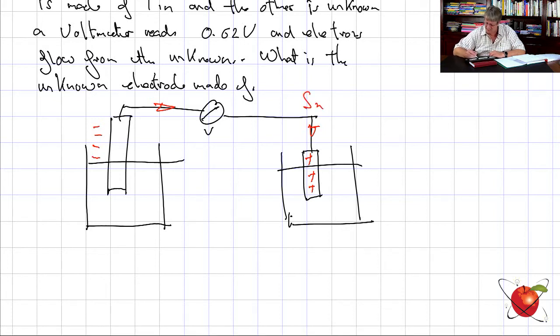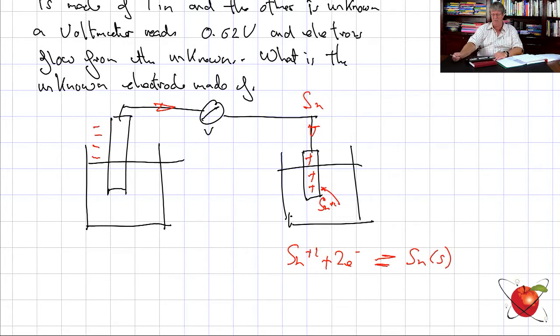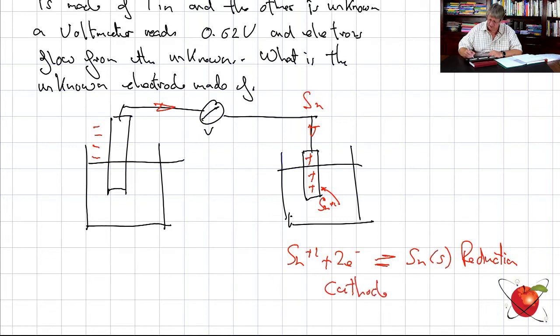What is actually happening here? At this point, Sn2+ plus 2 electrons is forming Sn solid, because over here we had Sn2+ and it's forming the solid. So this is our reduction, and reduction means this is the cathode.